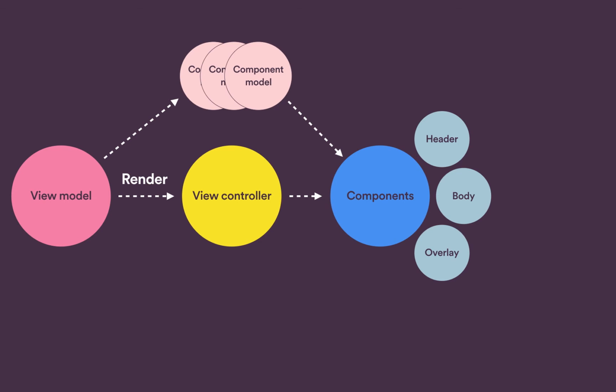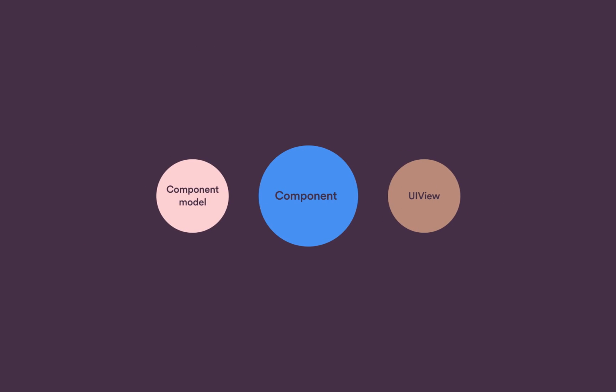But what all these different components have in common is that they're all really thin wrappers around a UI view. One way of looking at components is that they are thin and lightweight view controllers. In fact, if we take the component model, the component, and the UI view and put them side by side, we can see that this fits pretty neatly into the MVC paradigm where the component becomes the controller.